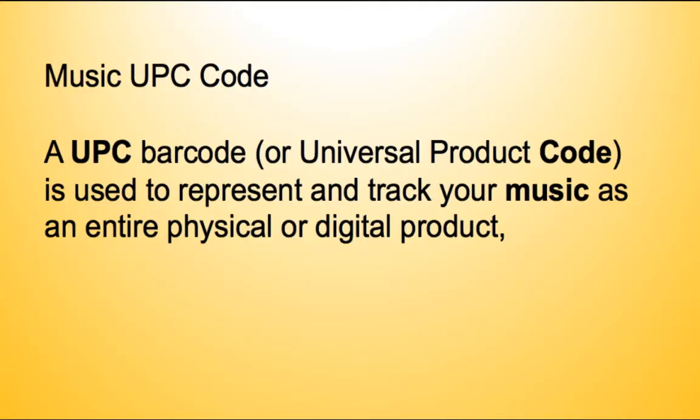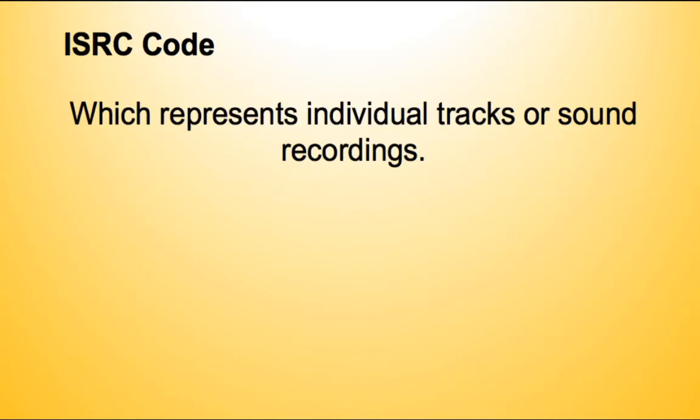A music UPC code, a music barcode, or Universal Product Code, is used to represent and track your music as an entire physical or digital product. An ISRC code represents individual tracks or sound recordings.